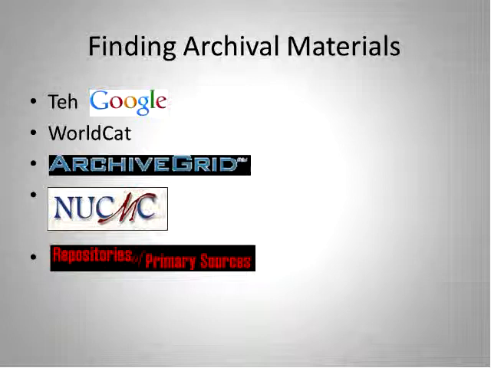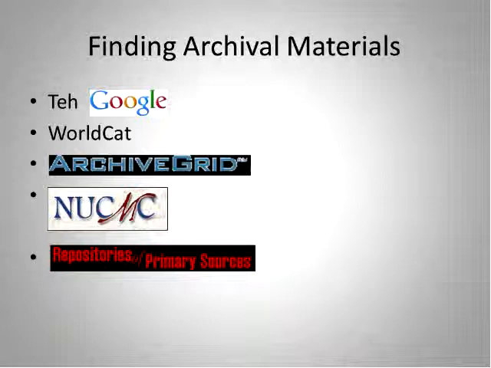Another free resource provides basically the same information, though because you contribute to archives, archives contribute to ArchiveGrid and they contribute to this other database, NUCMUC, the National Union Catalog of Manuscript Collections, these two kinds of collections are, like most archives, limited to what their contributors give to them.